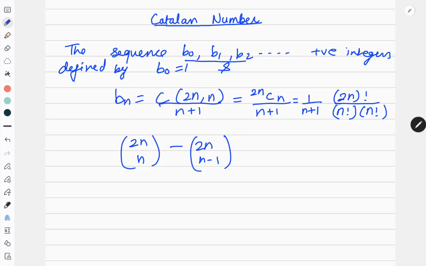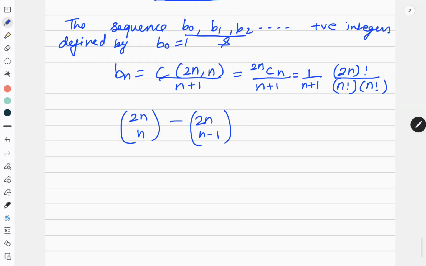So now let us try to write down this series. The first number, as I said, is always 1. Now if I want to write B1, I can use either this or this or this.